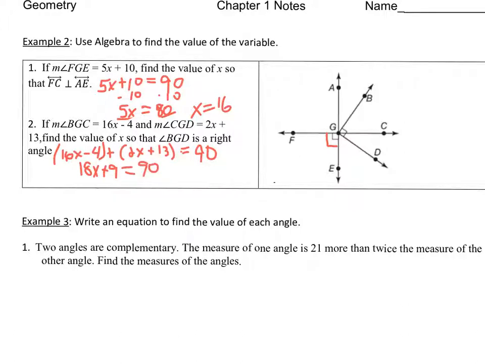Then I can use the subtraction property of equality, and I would get 18x is equal to 81. And then I could use the division property of equality, where I divide the same thing on both sides of my equation, and x would be equal to, let's see, if I can divide 81 by 9, that would give me 9, and I can divide 18 by 9, and that would give me 2. I'm just going to leave that fraction.